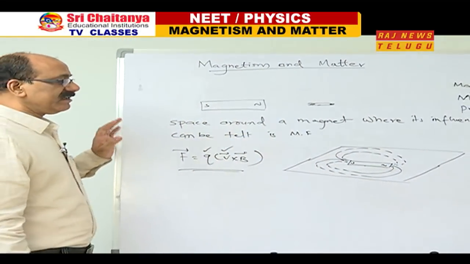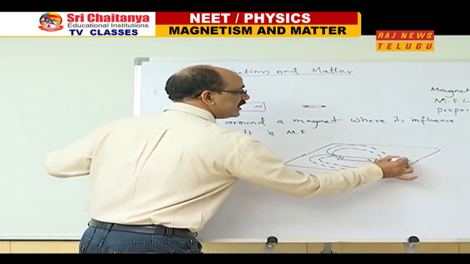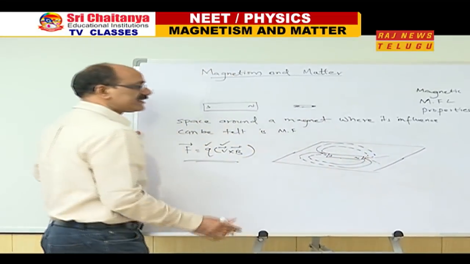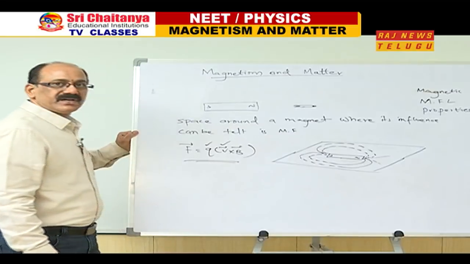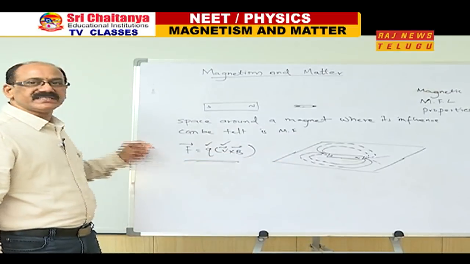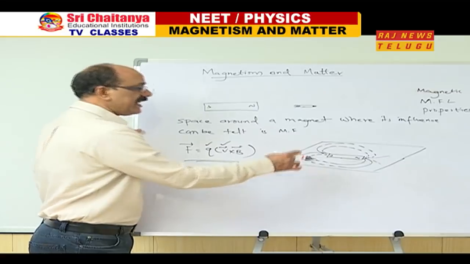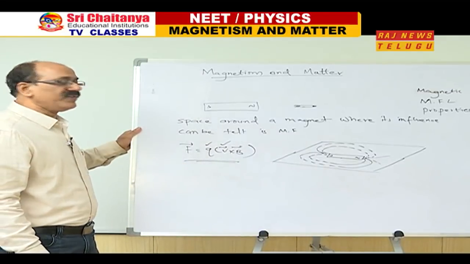So this pattern of the arrangement of the iron filings on the glass sheet on which the magnet is placed enables us to understand the magnetic field lines.